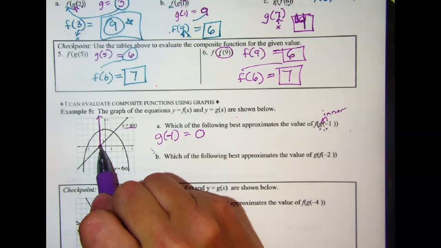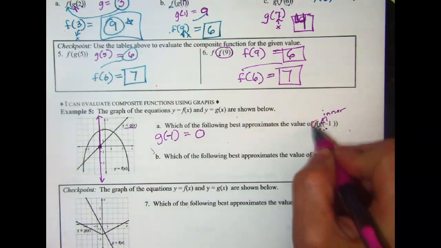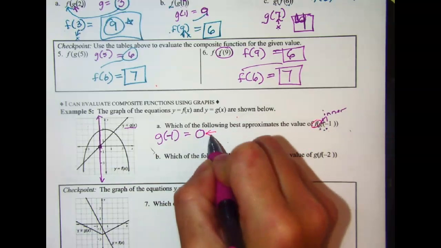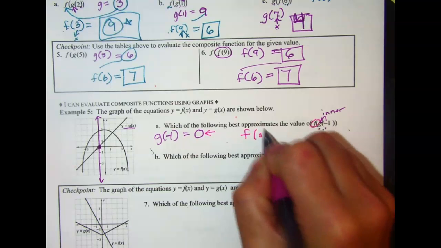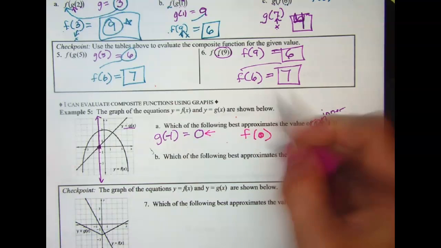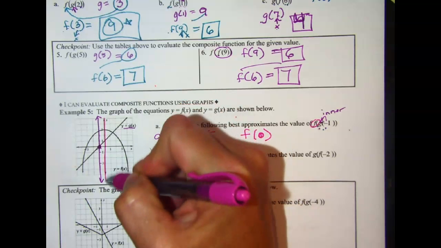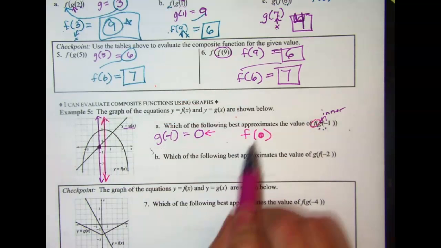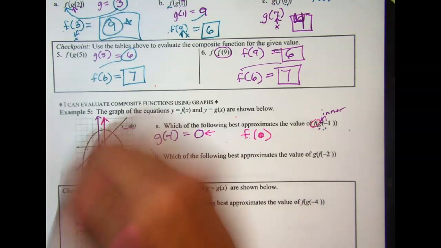That makes sense. So now I have to use this for my F. So my F of 0, now I have to go again, and I'm going to make a vertical line at 0. 0 is right here. It's the origin. I'm going to look at my F graph this time. That's the parabola.